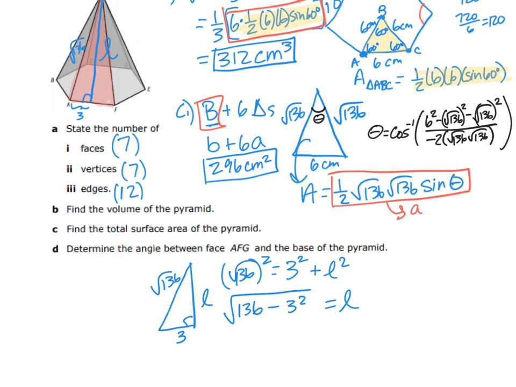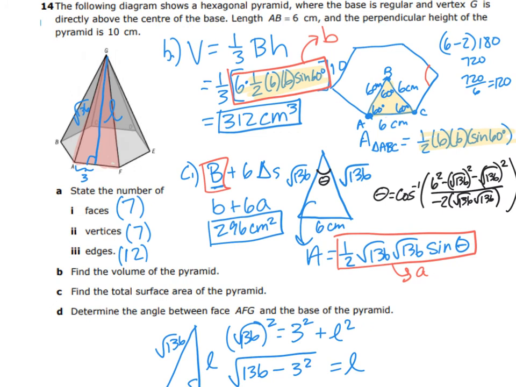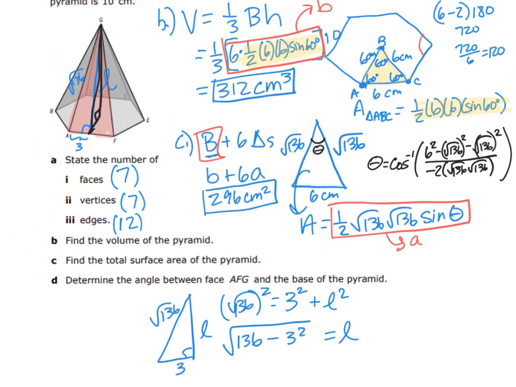Now let me get a different color, how about black? I'm going to go back and draw that height, remember that was 10, and then draw this edge right here. This triangle that I'm highlighting in black, let me redraw it over here. This is the height of the pyramid, then the distance from the center of the base to the center of an edge, and then L, the slant height.